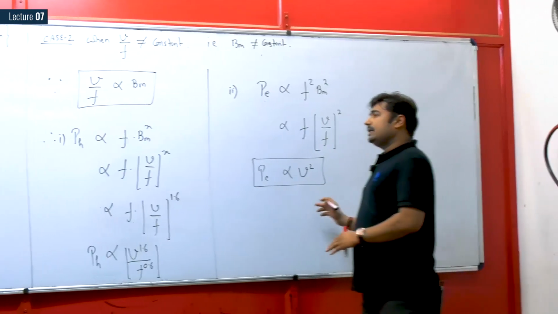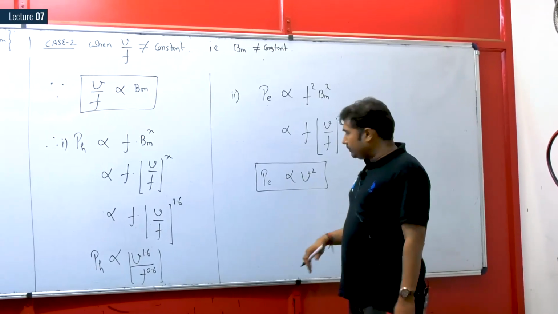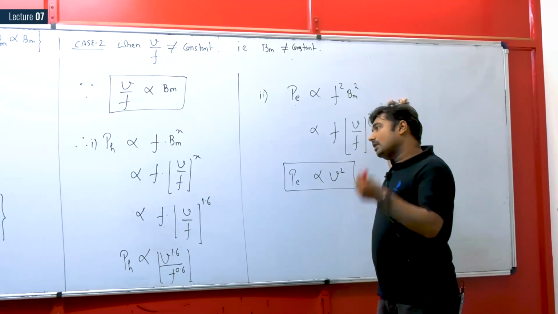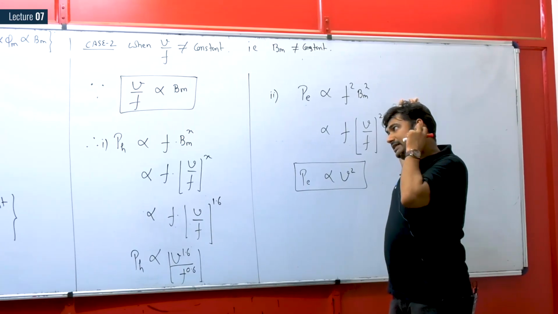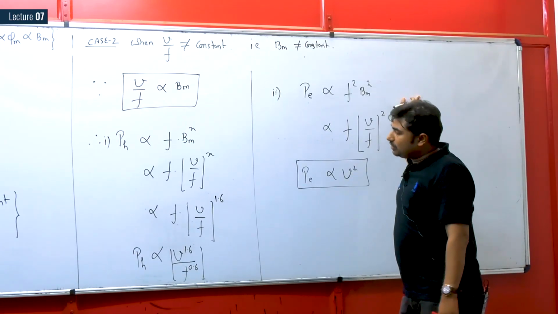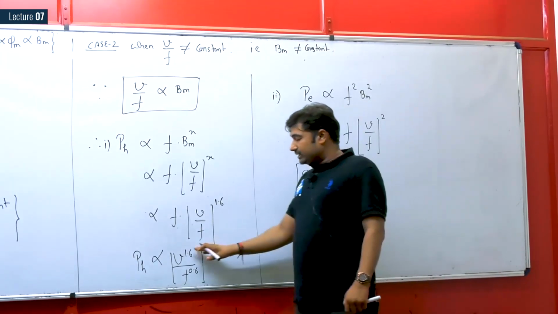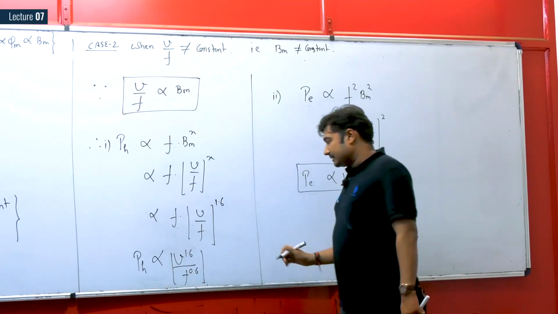So in both cases, eddy current loss is proportional to V square. However, hysteresis loss in the V by f constant region is proportional to frequency, and when V by f is not constant, then hysteresis loss is proportional to V to the power 1.6 by f to the power 0.6.